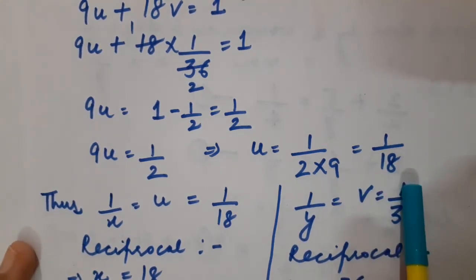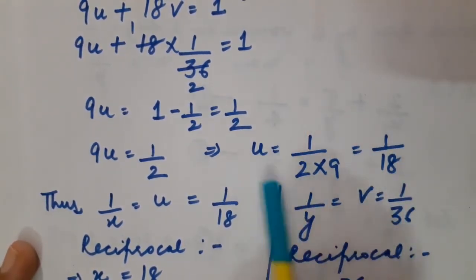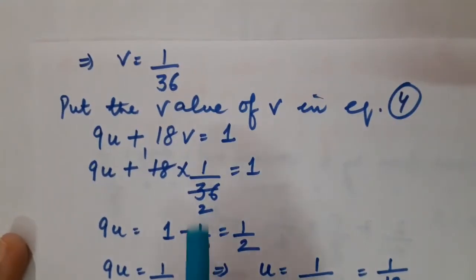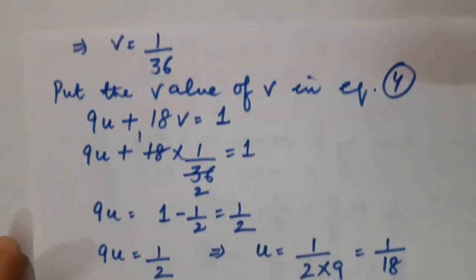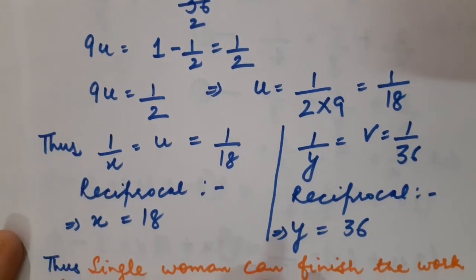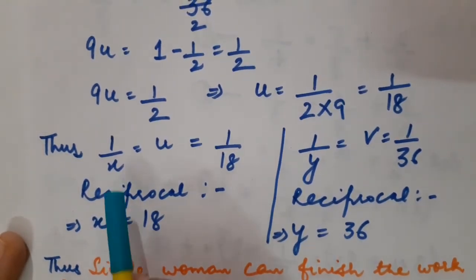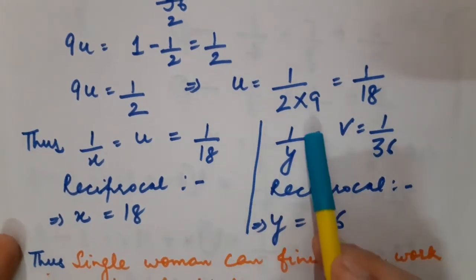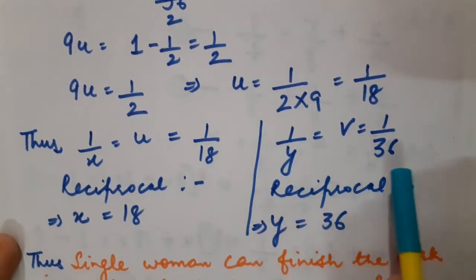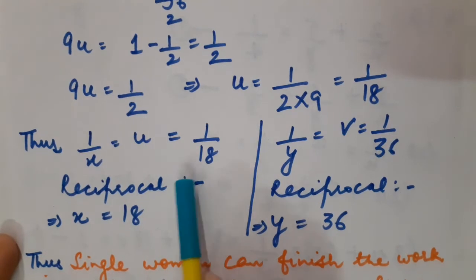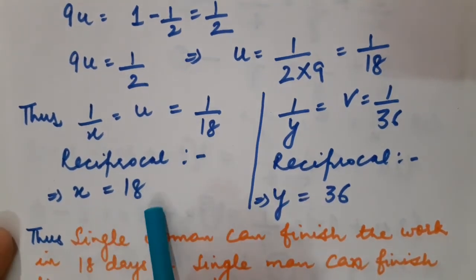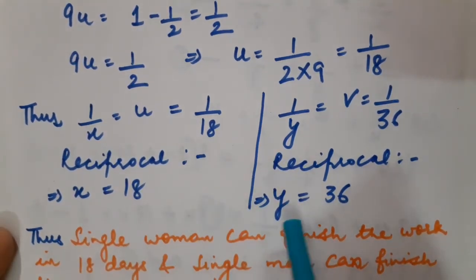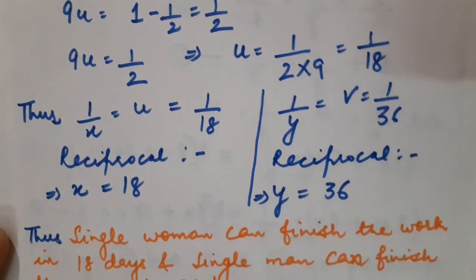Clear? So through this I have calculated the value of u as 1 upon 18 and the value of v as 1 upon 36. Correct? But what was my assumption in the form of x and y? 1 upon x is equal to u, that is 1 upon 18. 1 upon y is equal to v, that is 1 upon 36. Taking reciprocal, it implies x is equal to 18 and y is equal to 36.